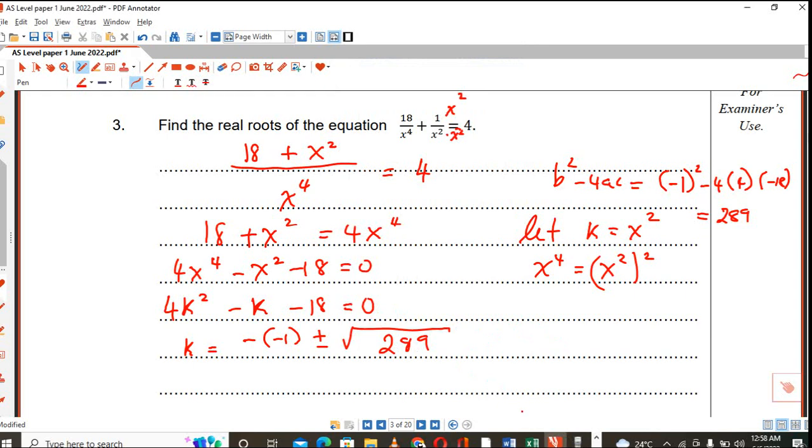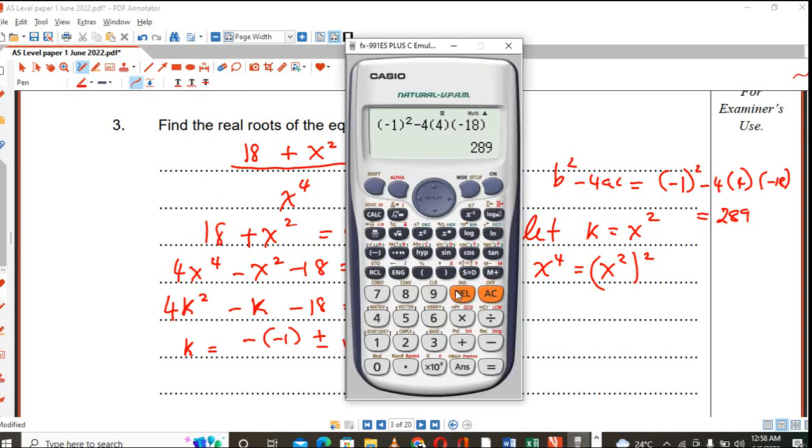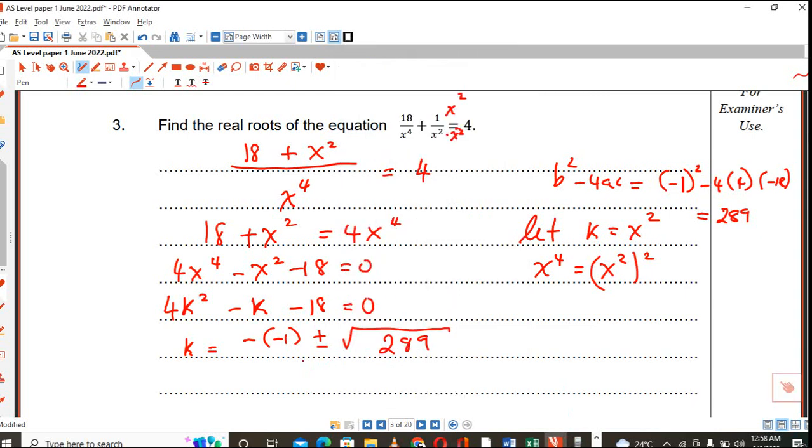Good, and for those of you who don't know, the square root of 289 is 17, since 17 times 17. So all of this will go upon 2a, and that is 2 times 4. Eventually k will be 1 plus 17, the square root of 289, divided by 8.